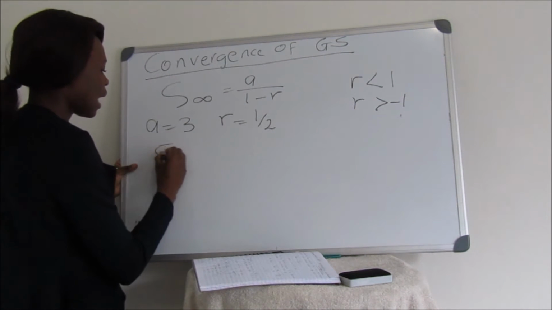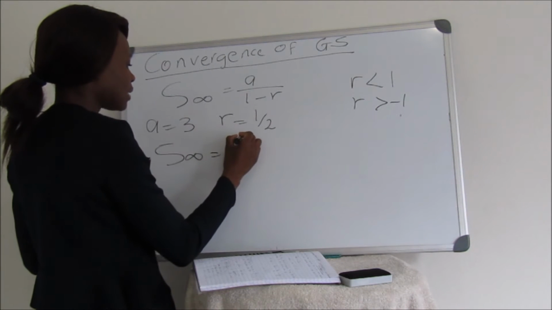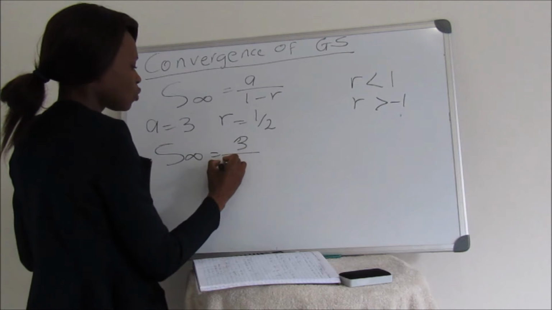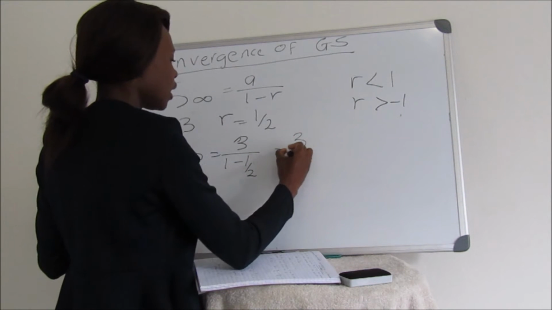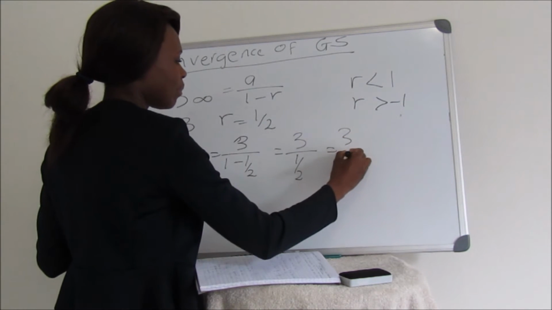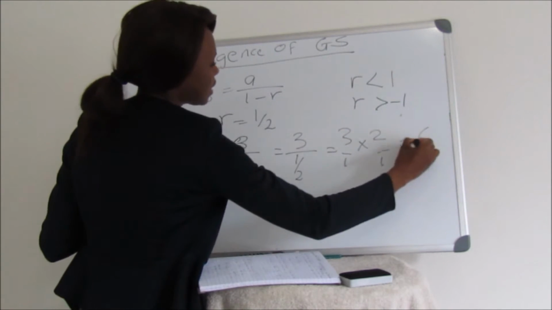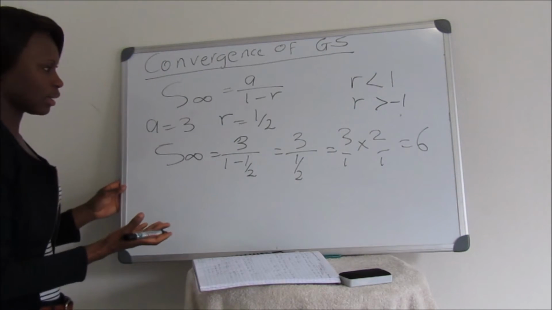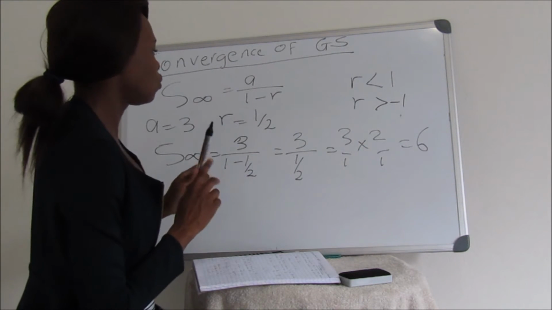To find the sum of infinity, our A is equal to 3. We substitute this into the equation, then it will be 3 divided by 1/2, which is 3 divided by 1 multiplied by 2 divided by 1, which gives us 6. So we got our sum of infinity equal to 6.